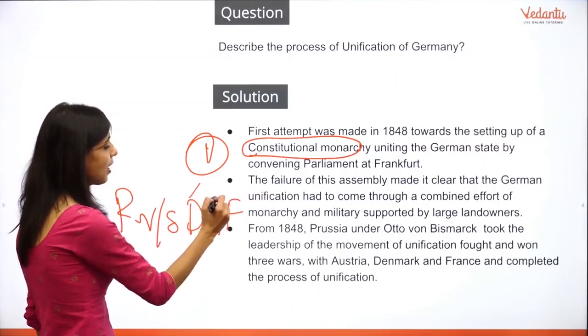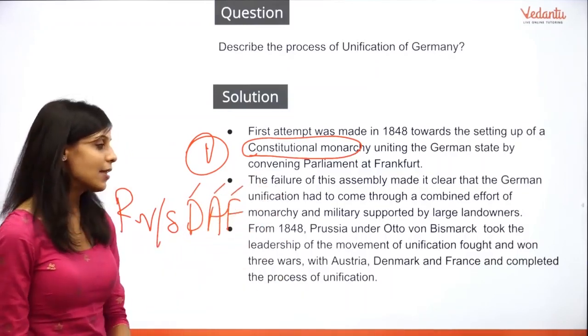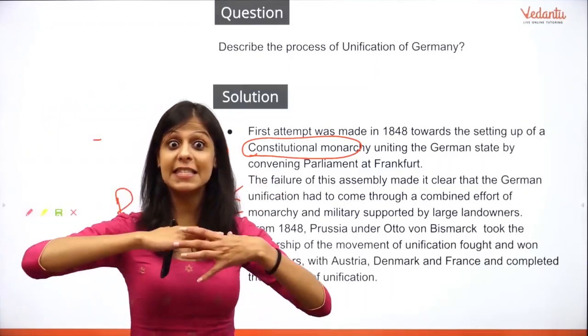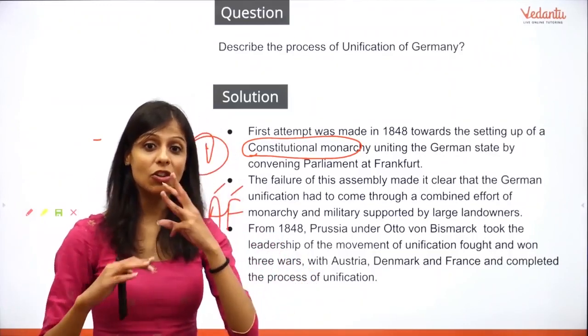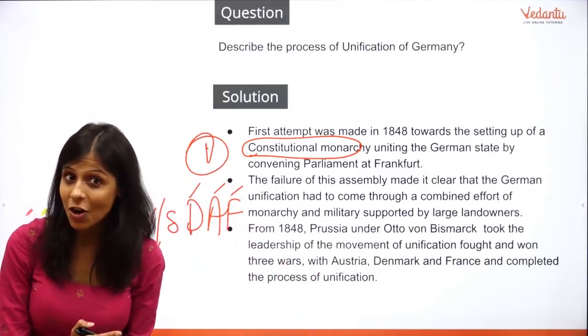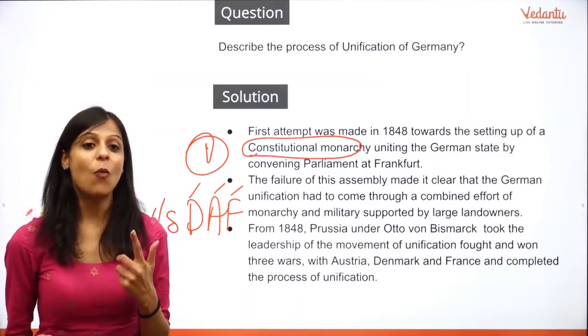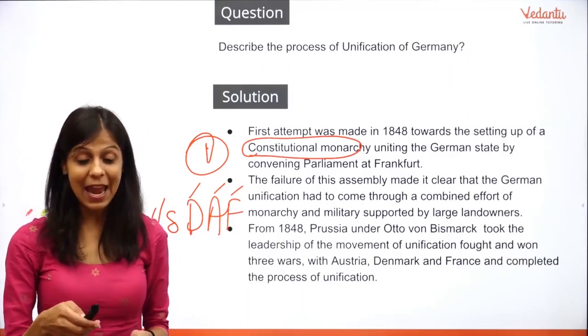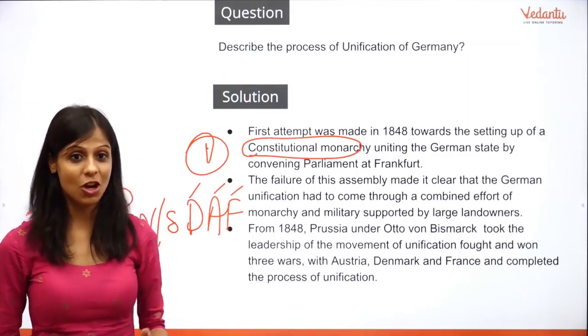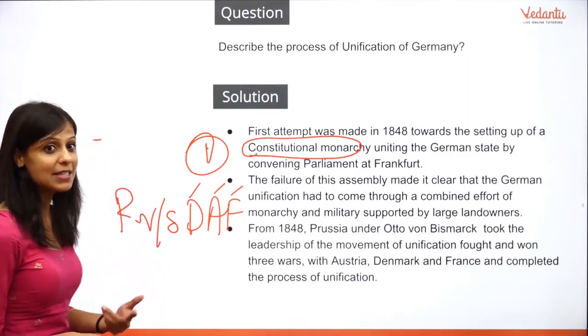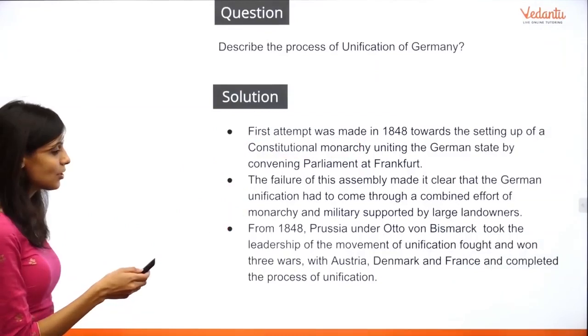DAF is Denmark, Austria and France, that fought for 7 years, and there were 3 wars, and still Prussia did not give up, and finally it came out victorious, and then Wilhelm was declared as the Emperor of the German state.